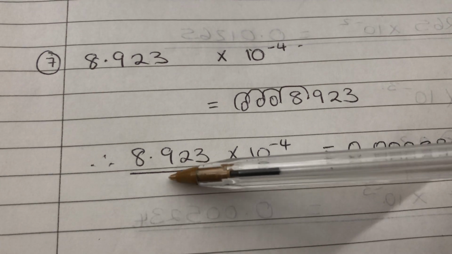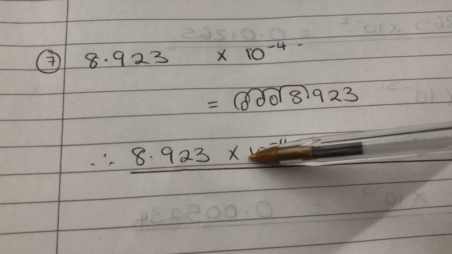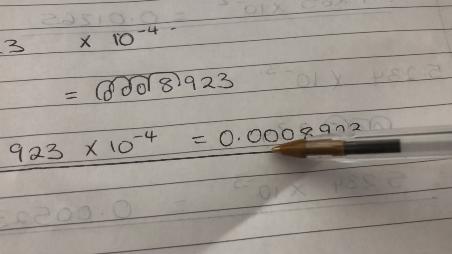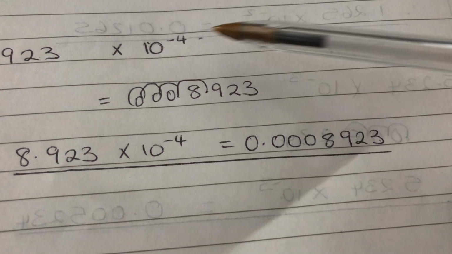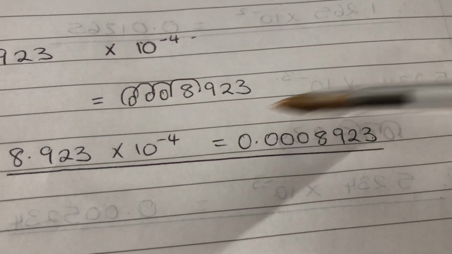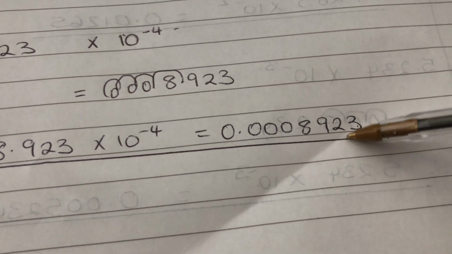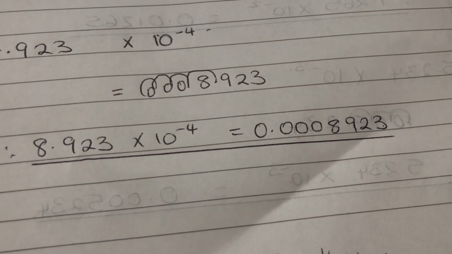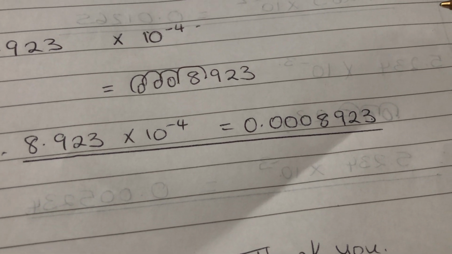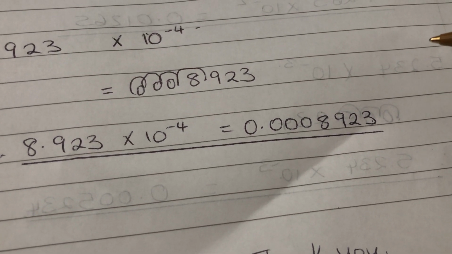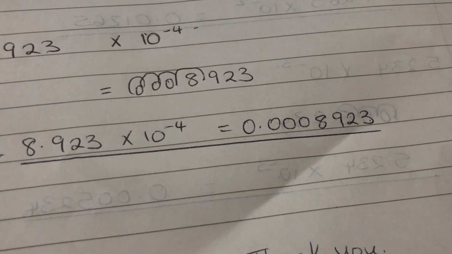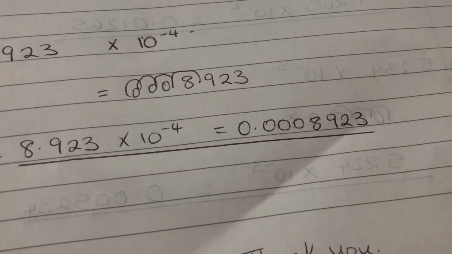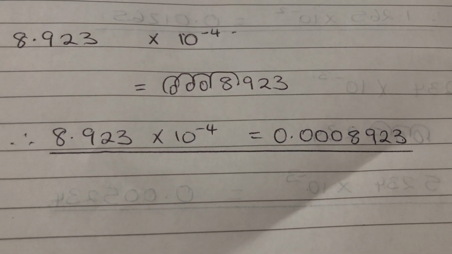Okay, so 8.923 times 10 to the power minus 4 will be equal to 0.0008923. Okay. So basically, that is how you change standard forms with negative powers of 10 to ordinary numbers. Okay.